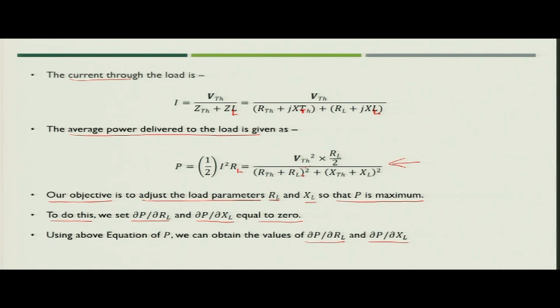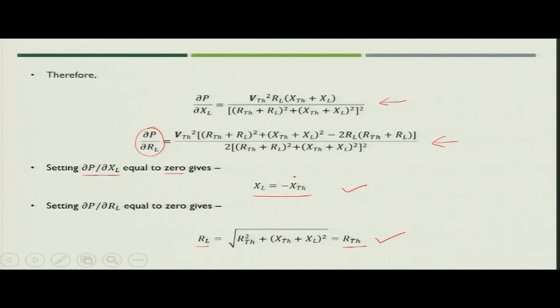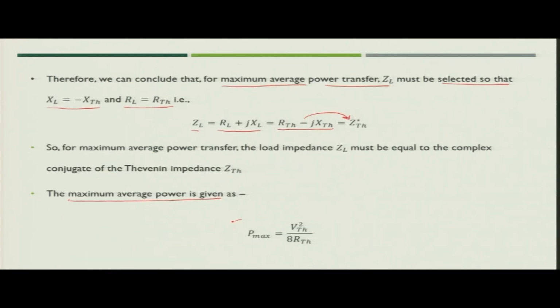This will be equal to 4 RTH square, and then in the numerator you will get VTH square into RTH by 2. So, one RTH will be cancelled out and finally, you get VTH square divided by 4 into 2, that is 8 RTH. This is what you get under the maximum power transfer condition.